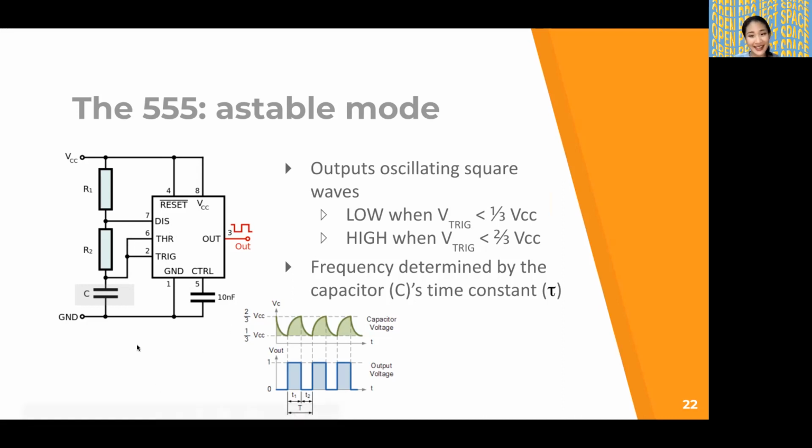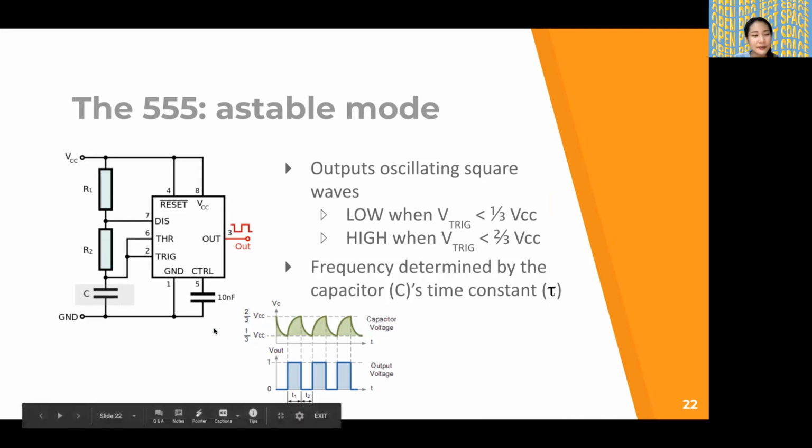So we use a capacitor to do that because guess what a capacitor does? It charges and discharges slowly over time. So once the voltage at this plate of the capacitor is charging, we see that the output voltage is high. And when it's discharging, we see the output voltage is low.